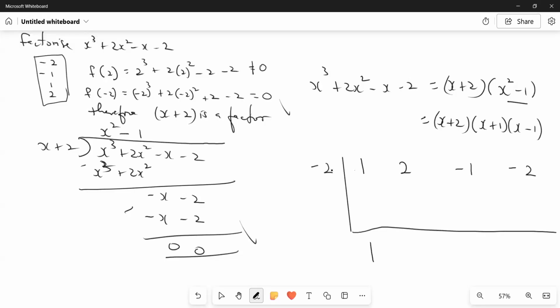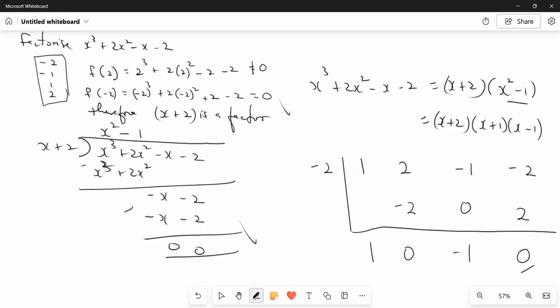And then you multiply this -2 by the 1, put it here, and then you add. You get 0. Then this by this, you get 0. You add and come down. You get -1. -2 by -1 gives you +2. When you add, you get 0.